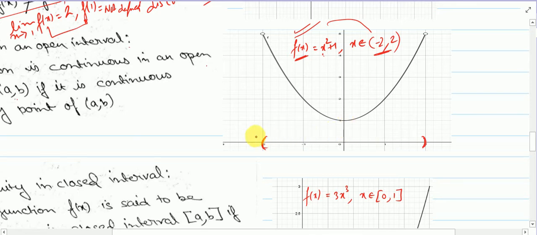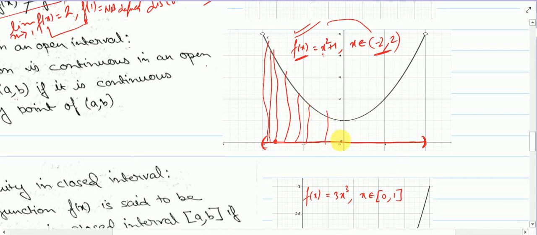This function will be continuous in this open interval if for each point in this interval you get a definite value. You pick any point in this interval and you shall get a definite value. Here you can see there is no discontinuity.